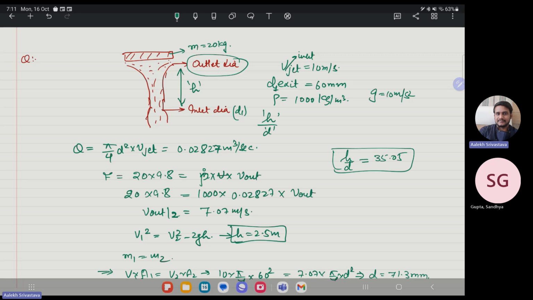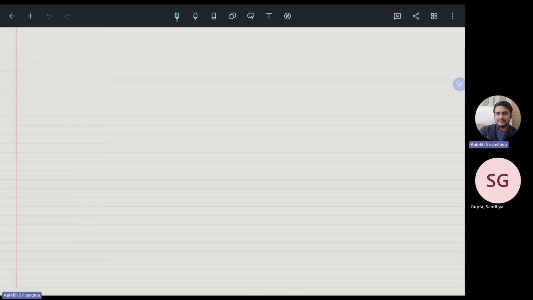So now I will give you one problem. The question says, what is the vector representation of the Navier-Stokes equation?